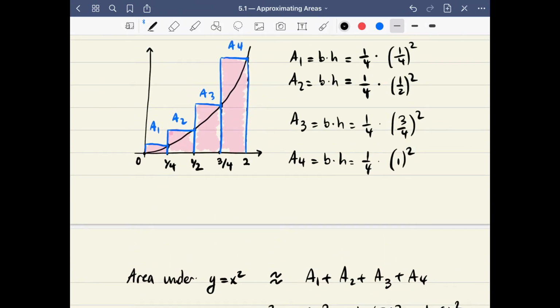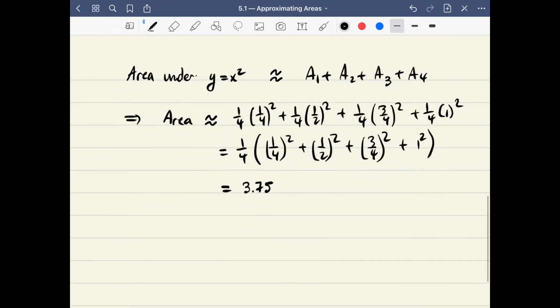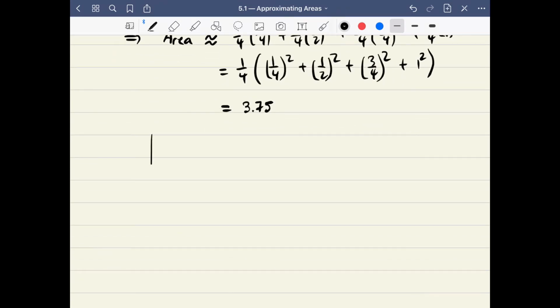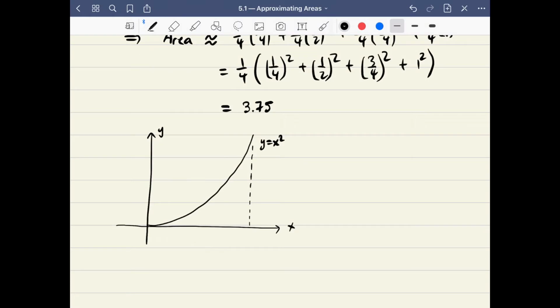Okay, so this means that the area under the curve y is equal to x squared from 0 to 2, so this area right here, is approximately 3.75.